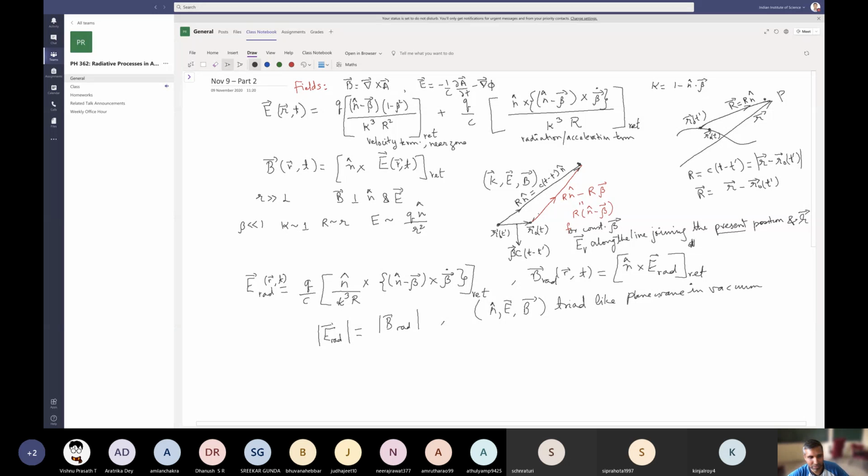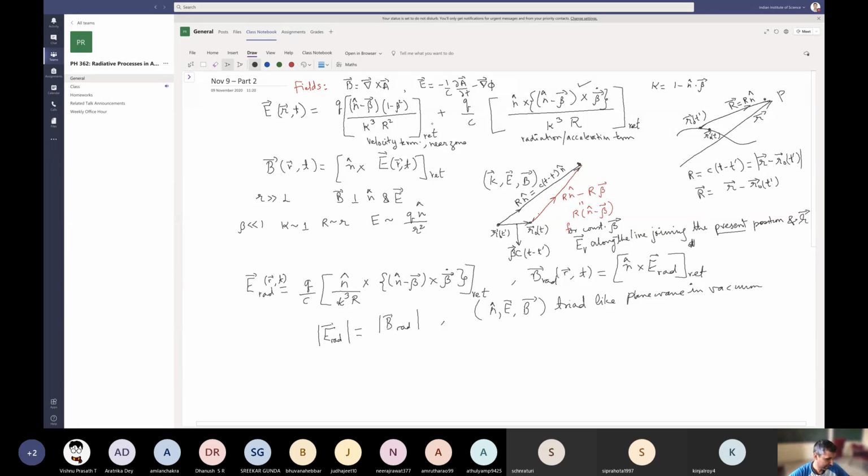The E0 and B0 were equal. So the second term is the radiation that contributes to radiation. Which second term? Yes, this one. In E, the second term, n minus beta vector. Okay, thank you. This one, yes. This is the radiation part of the electric field. This is the velocity near zone electric field.